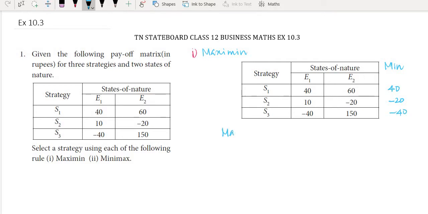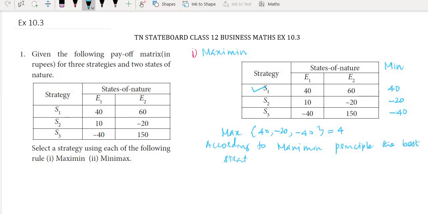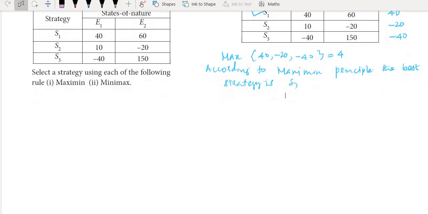So the maximum of 40, minus 20, minus 40 is 40, which is of the first strategy. So according to the max-min principle, the best strategy is S1 here.